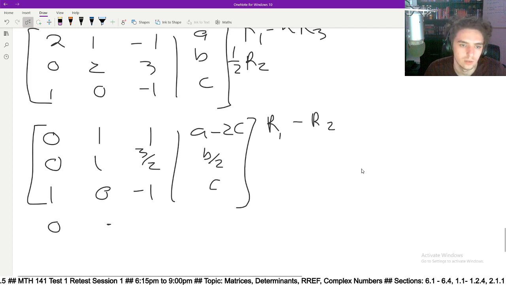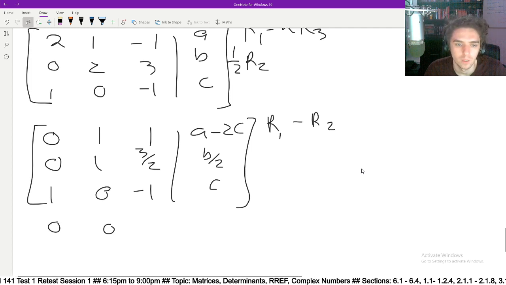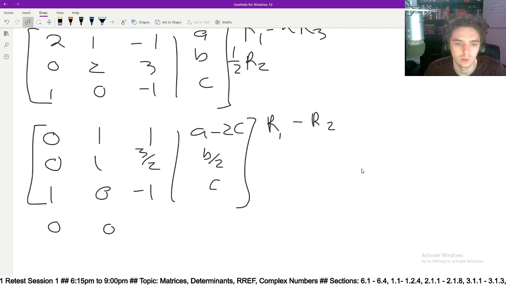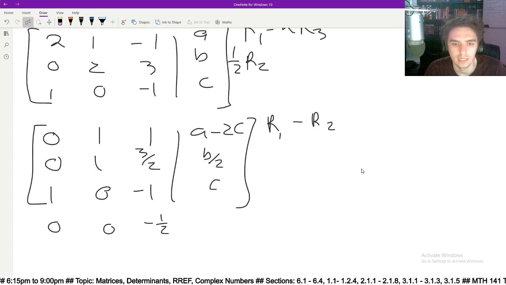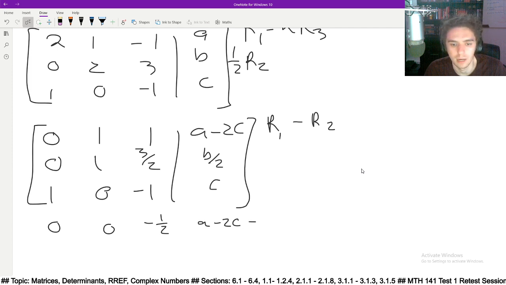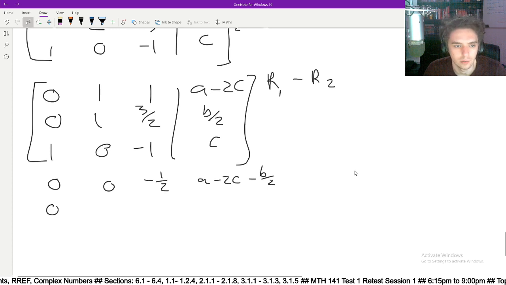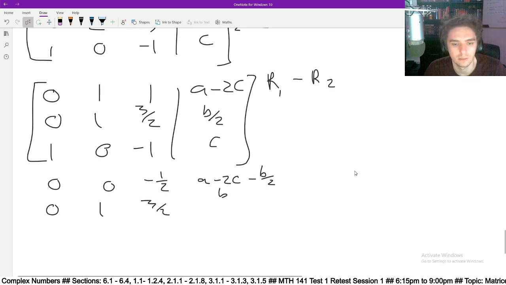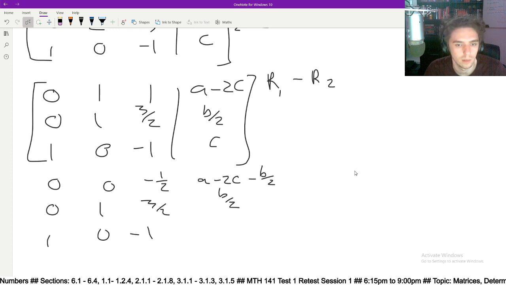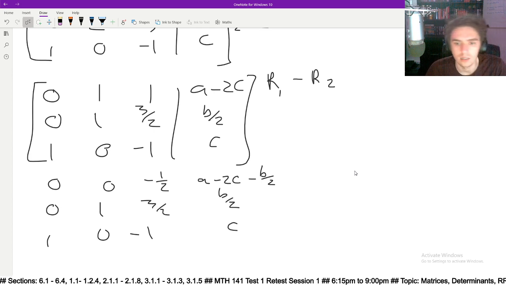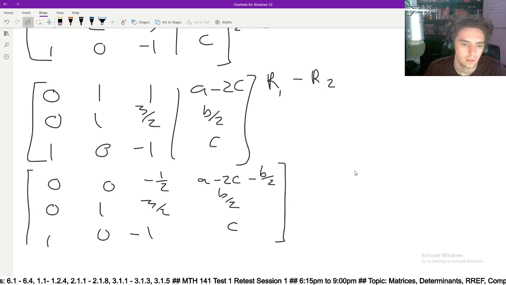All right, so 0, 0, 1 minus 3 halves, so 2 halves minus 3 halves is negative a half. And then this is going to be A minus 2C minus B over 2, and everything else will be the same: 1, 0, minus 1, C. Good.